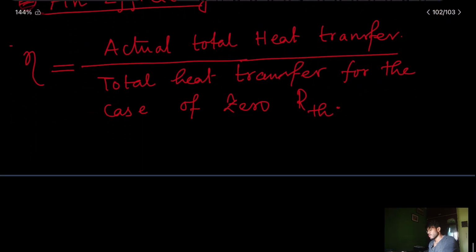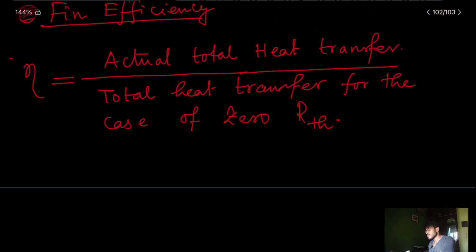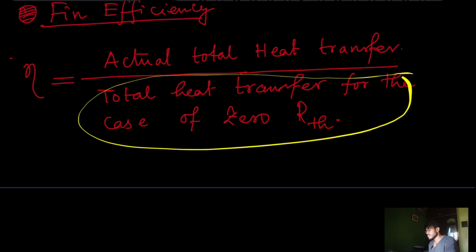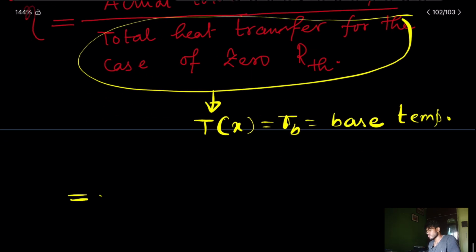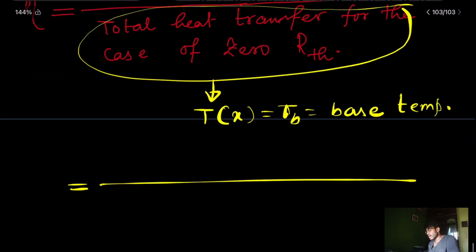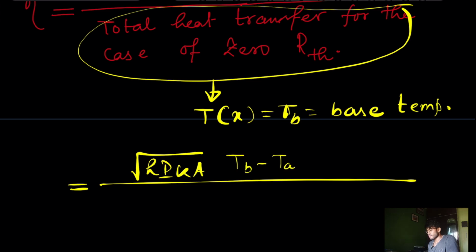Okay, so this denominator thing essentially means that T at Tx is equal to constant is equal to Tb, that is the base temperature, right, and that is equal to our actual total heat transfer is what we know, that is root over of HPKA into Tb minus Ta.